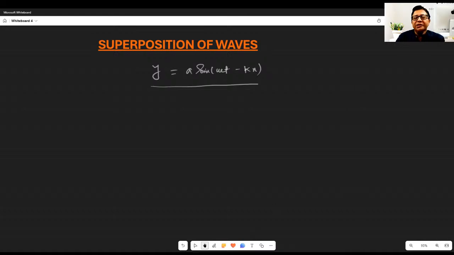But now we are going to consider, and we have seen that all the waves we can represent by using trigonometric curves, because it's a trigonometric term.